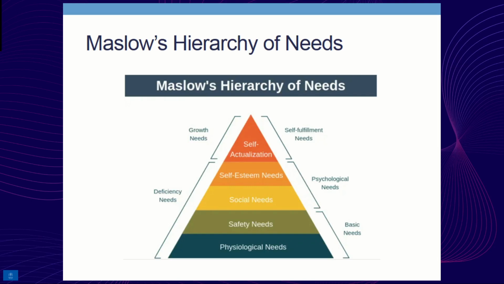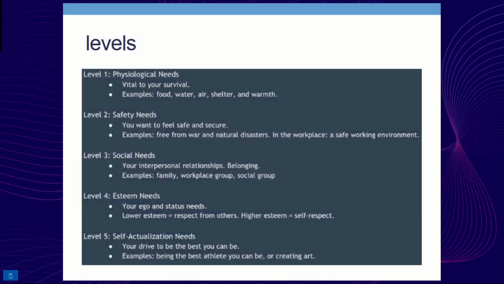The top level of the hierarchy concerns growth needs. Confusingly, these are commonly known as B needs, which simply means being needs. According to Maslow's theory of human motivation, you begin by being motivated to meet your lowest level of needs.